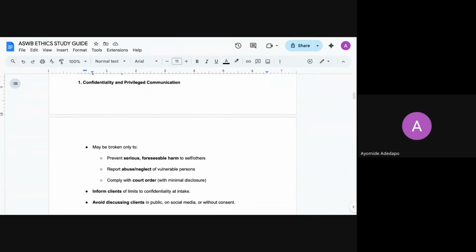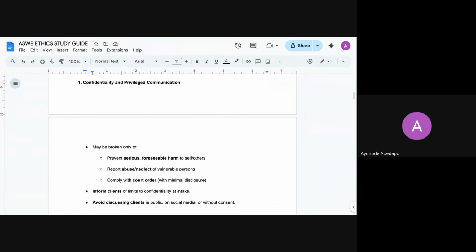So, for example, if your client is in a court case like a divorce case, and you get a subpoena by a lawyer, and your client is like, yeah, I need you to release that. If your client is telling us to release it, then we need to have an ROI, a release of information, on file.